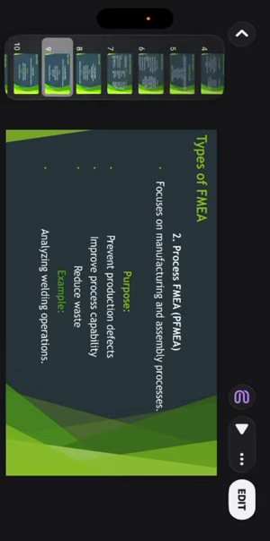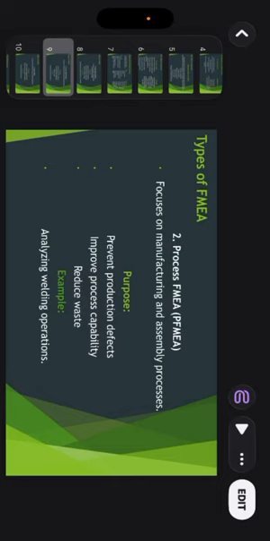So number 2, we have the PFMEA, process FMEA. It focuses on manufacturing and assembly processes, like the plants that process, the process industry, like soap making, beverage making. Purpose here is to prevent production defects, improve process capabilities, reduce waste.